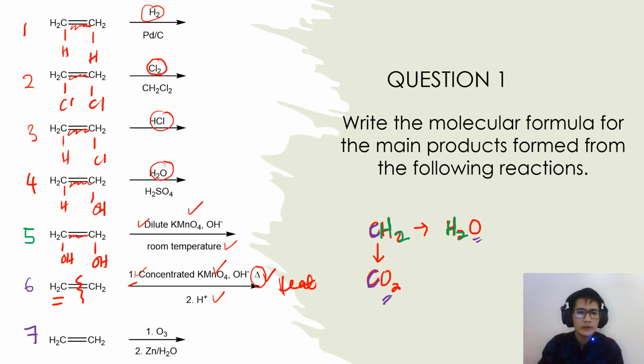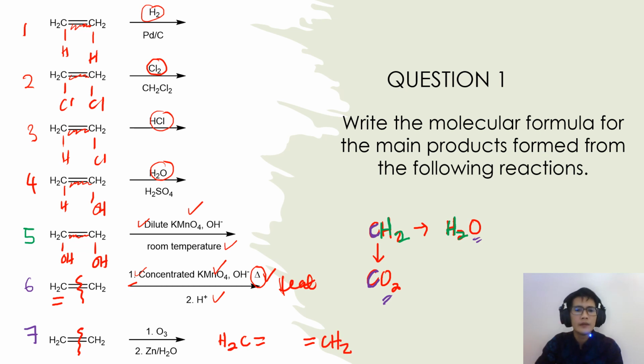And for the last reaction, the oxidative cleavage by using ozone, it's almost the same as number 6, but this one is a simpler version. You have H2C double bond CH2 initially, so you just break the double bond, so you draw like this.